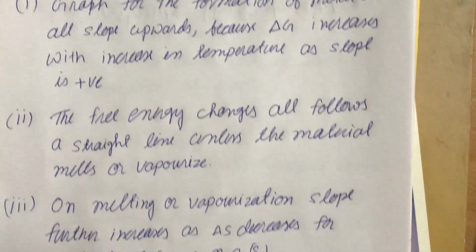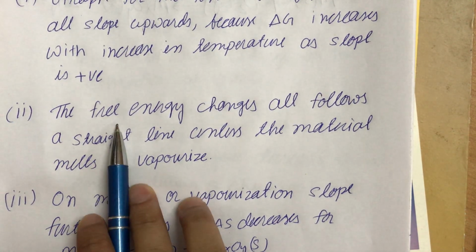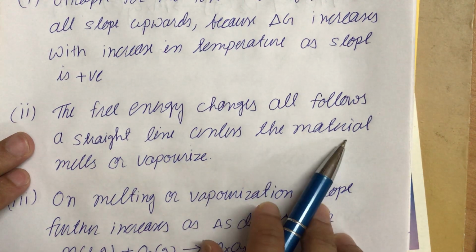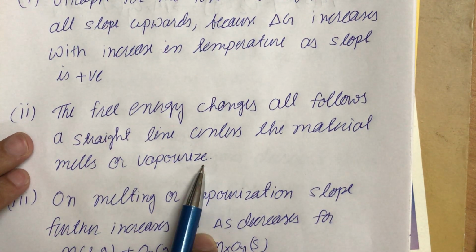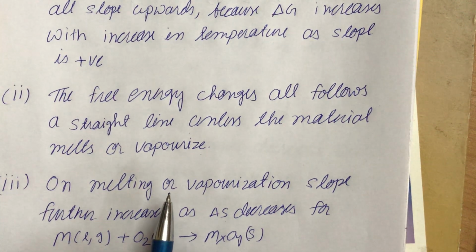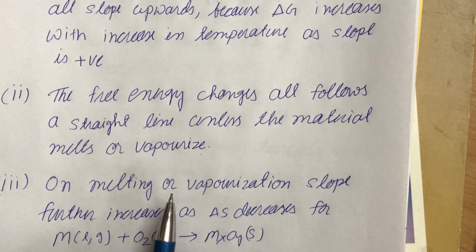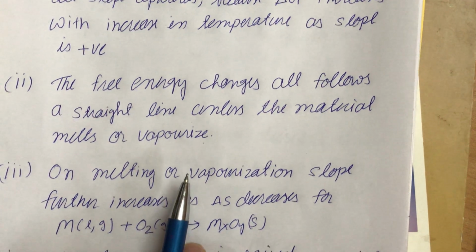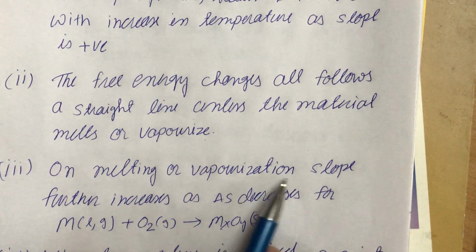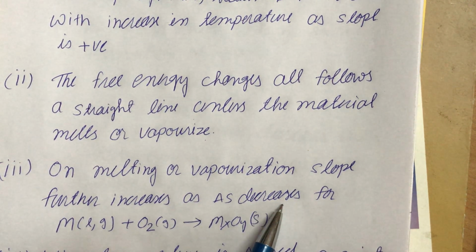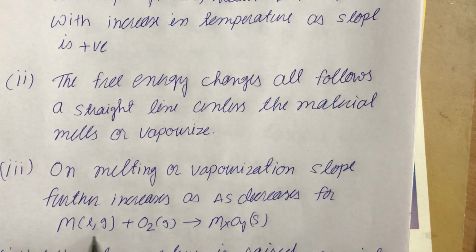Second point, the free energy changes all follow a straight line unless the material melts or vaporizes. So all follow a straight line, but they can change the slope when the metal melts or vaporizes. On melting or vaporization, slope further increases as delta S decreases for this reaction.